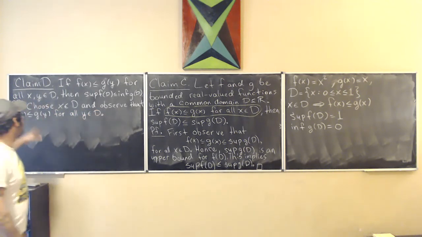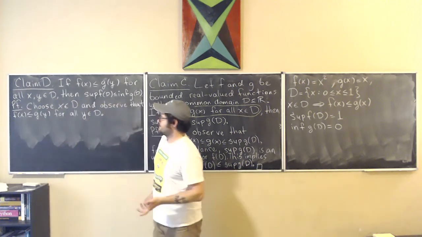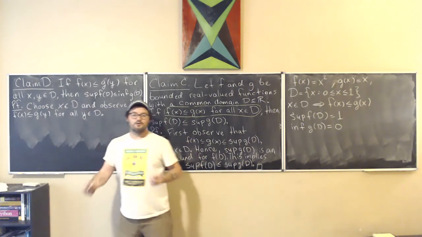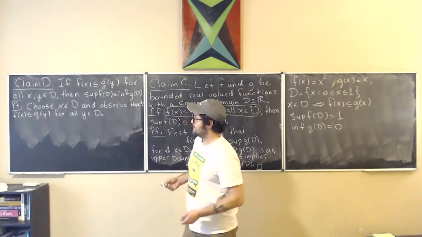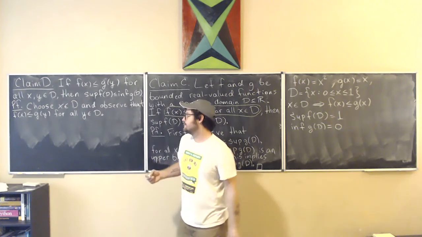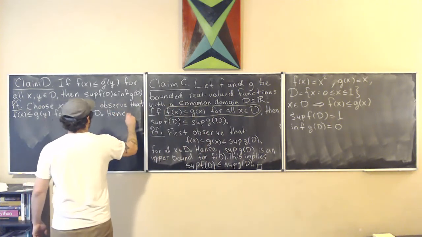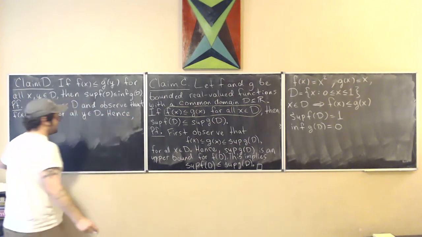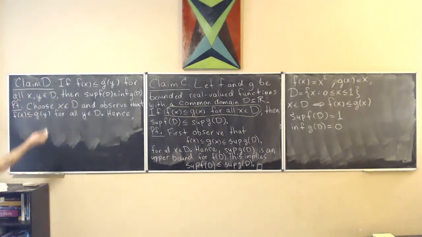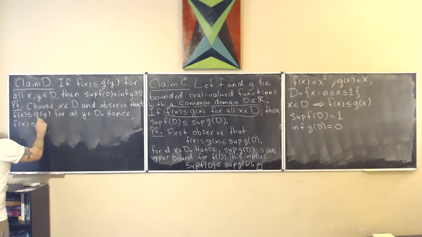So what does that mean? It means that for that choice of x, f of x is a lower bound on the image of D under G. Since the infimum is the greatest lower bound, this implies f of x is at most the infimum of G on D.